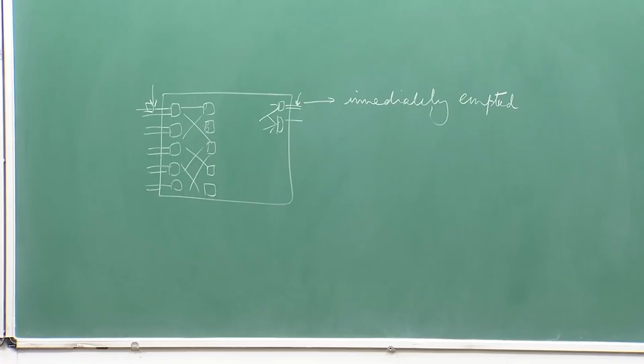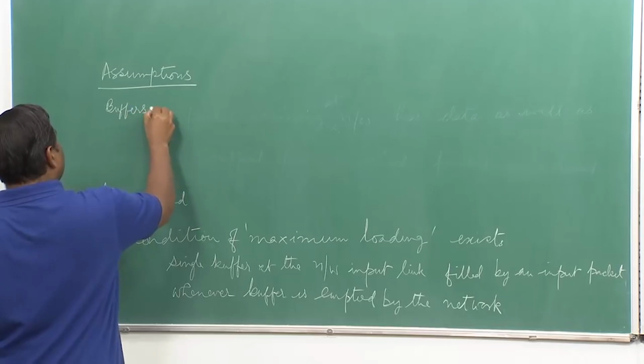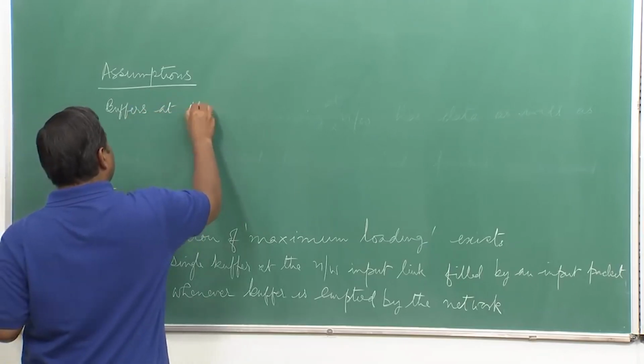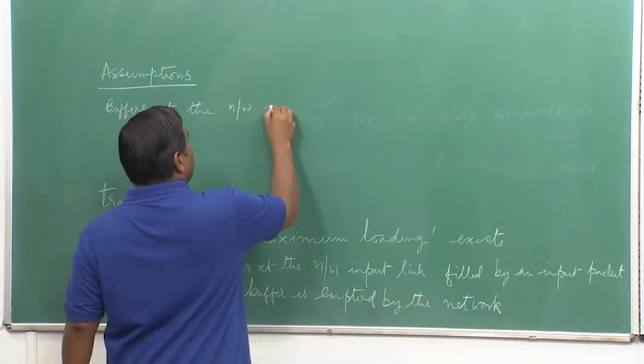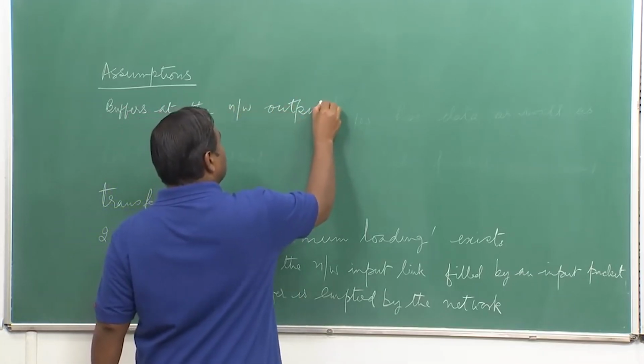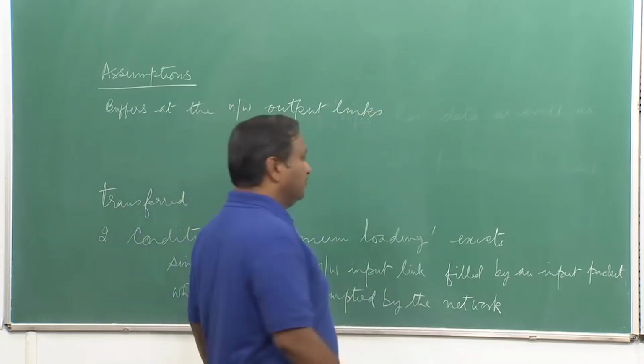So, the second one continues and it says buffers at the network output links are emptied instantaneously.